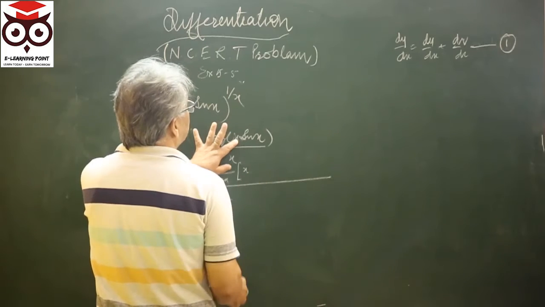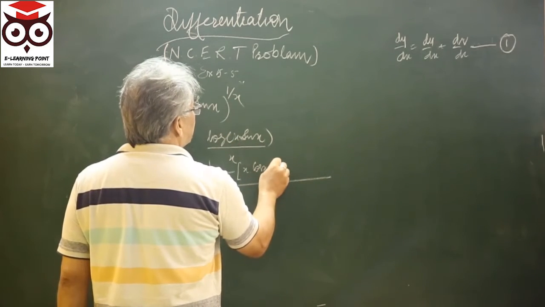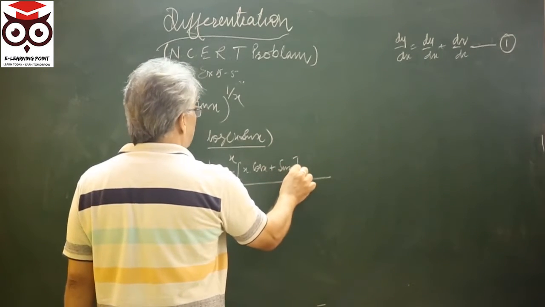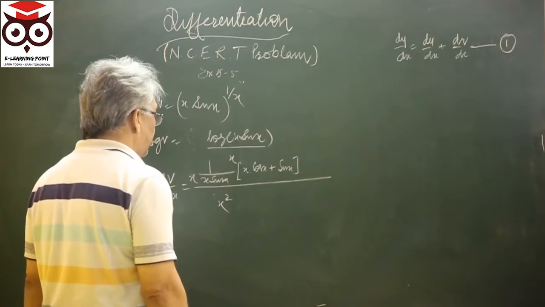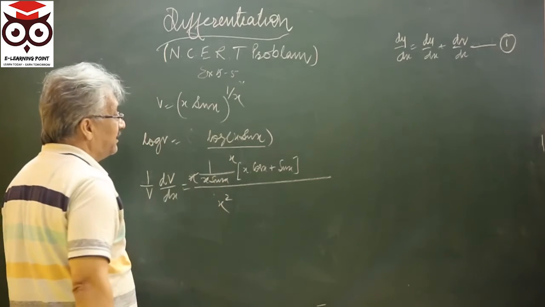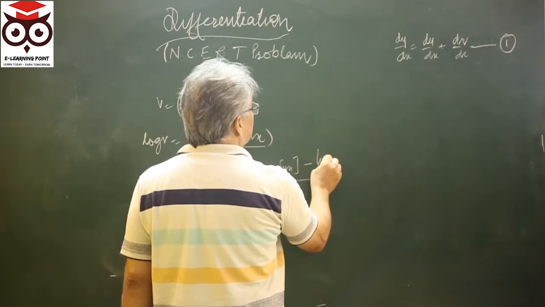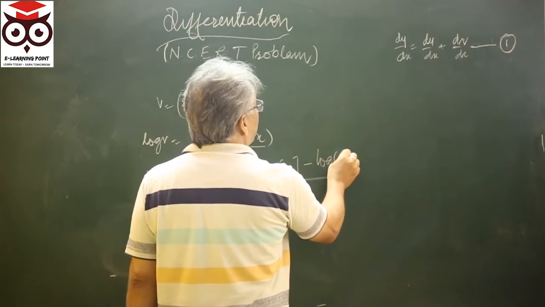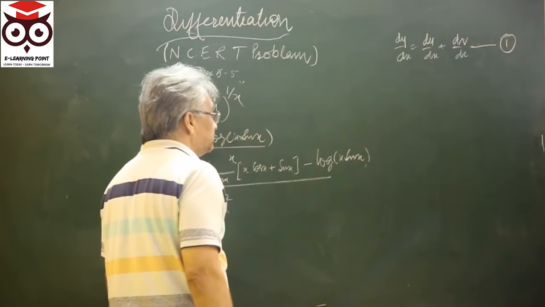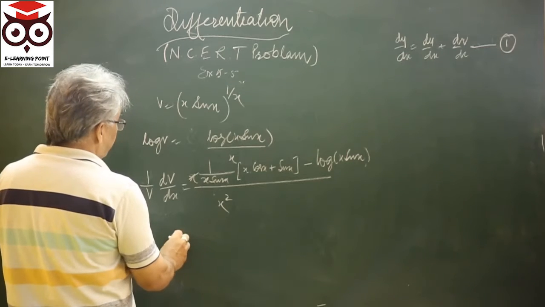First function as it is, second का differentiation cos x plus sin x as it is, x का 1 हो जाएगा, right? This x can be cancelled out by this. Now this is again minus log x sin x, right?